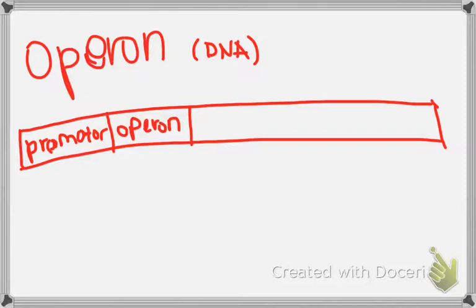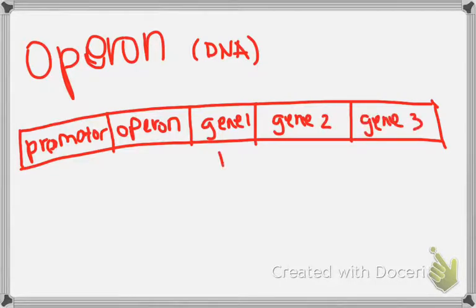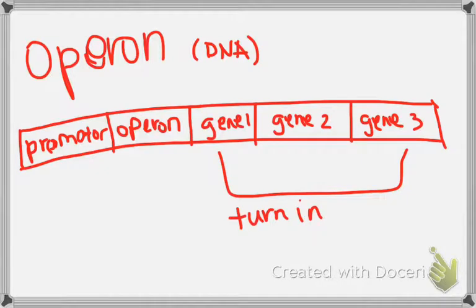Now, after the operator, you're going to divide this up into 3 sections. This is going to be gene 1, gene 2, gene 3. These are the segments that we actually want to turn into mRNA. We want to transcribe them.